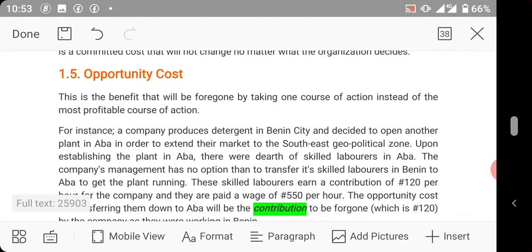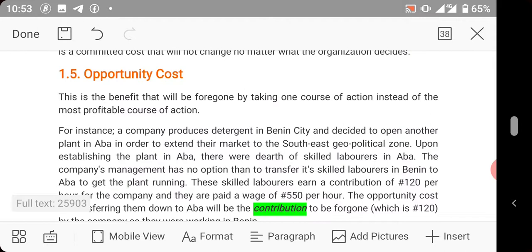It is a benefit that will be foregone by taking one course of action instead of the most profitable course of action. You understand? So the opportunity is what we call deprival. So you had the opportunity to take a particular course of action, but you didn't take that most profitable course of action.